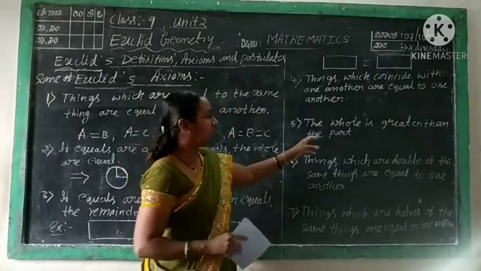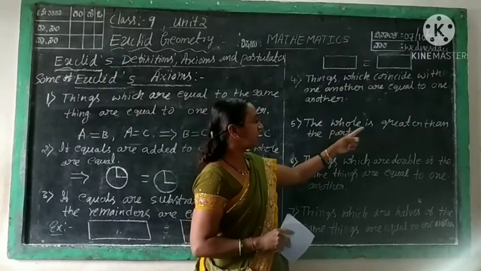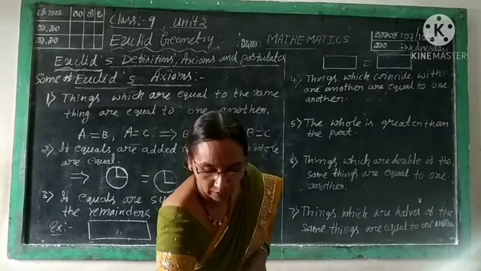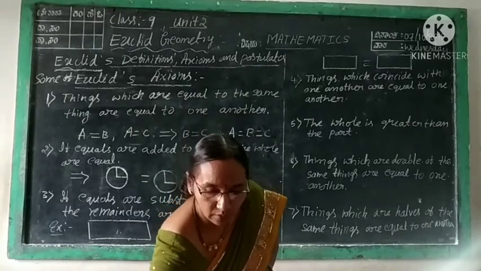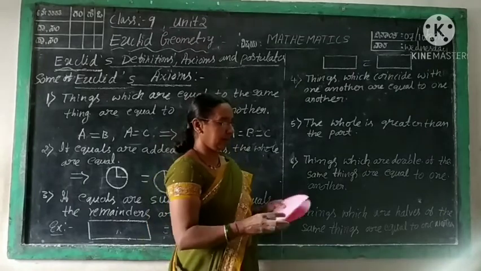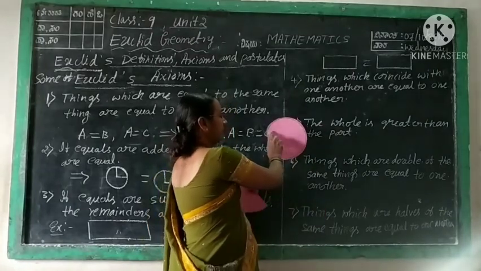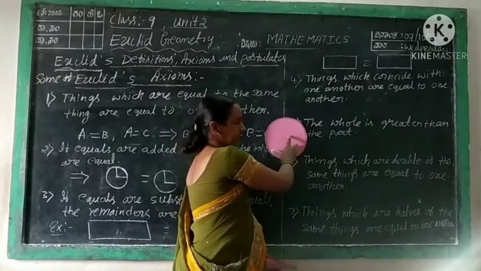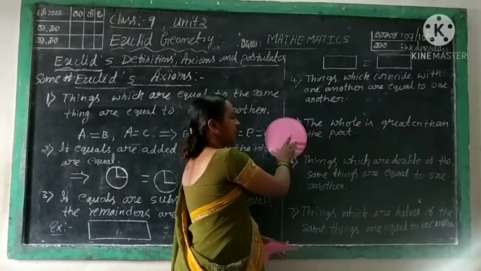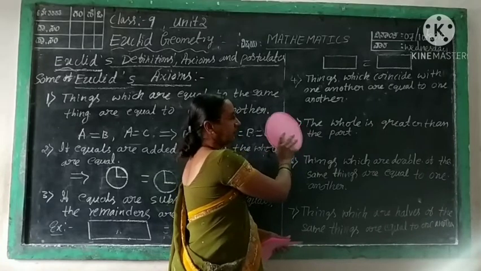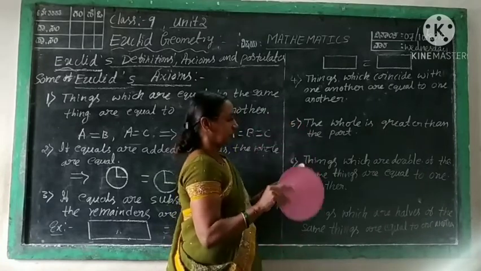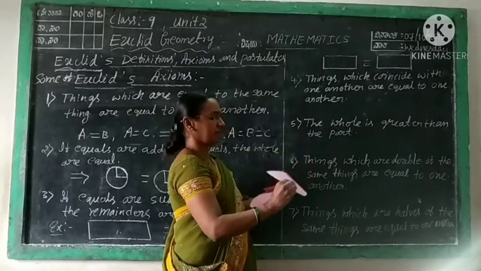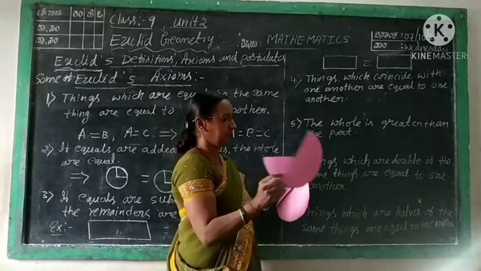The fifth one is, the whole is greater than the part. If you have one circle, we see the whole circle is there. Then we cut the circle in this way.